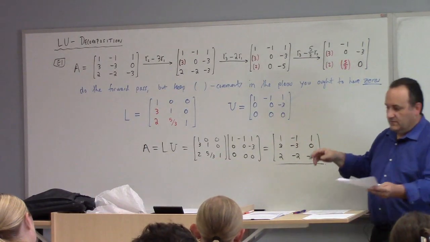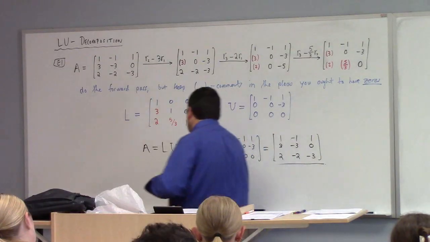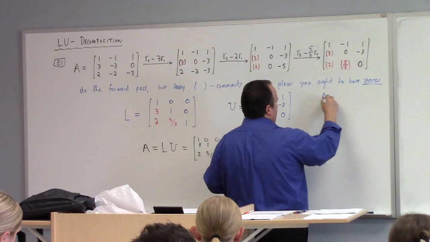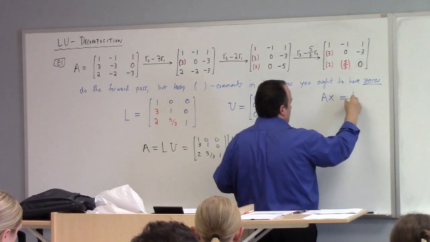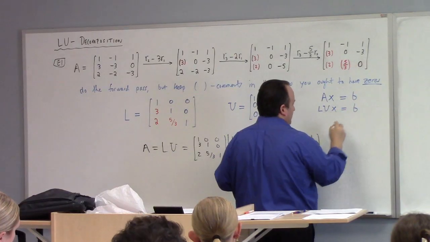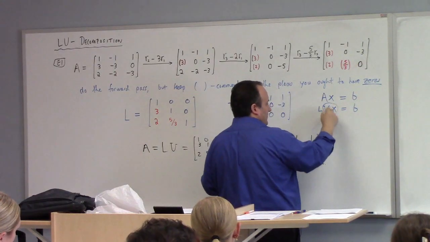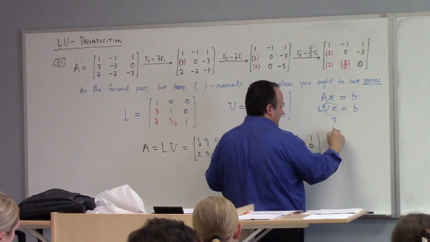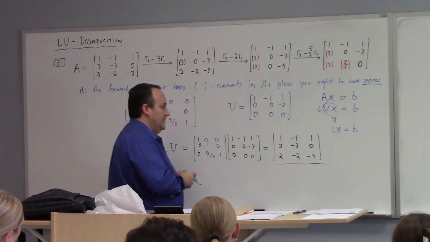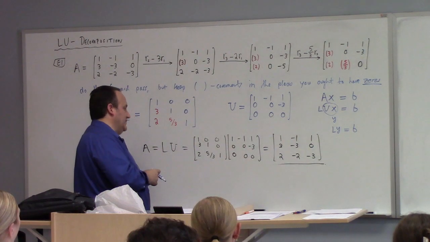Now, this is actually useful, schematically. If you think about it, suppose you're solving A times X equals B, right? But that's actually LU X equals B, right? If we call this right here Y, then you'd have LY is equal to B. And LY equals B is way easier to solve.